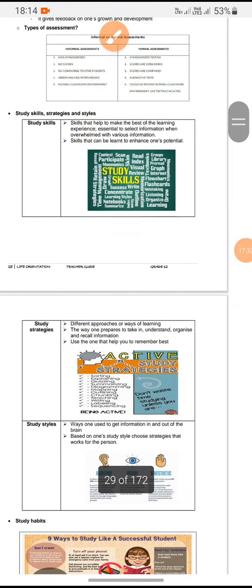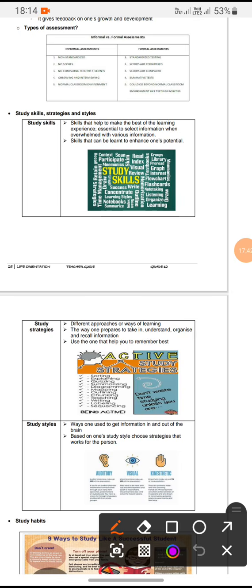So we learned that study skills are the best skills that you acquire. And remember, study skills are very much important in any grade. You must know your study skills. That's why they say develop your own study skills. You must have your own study skills, and it's different. Everyone is unique.